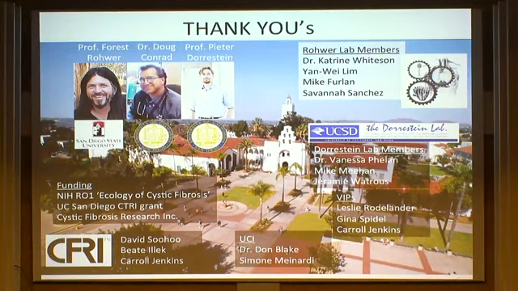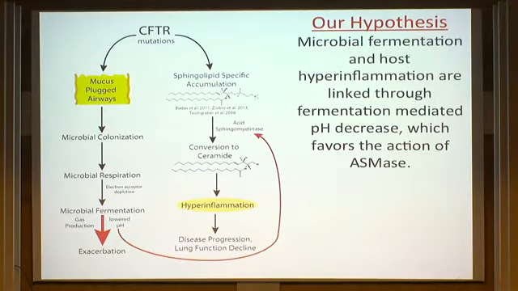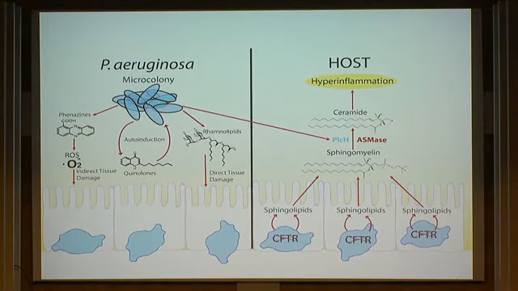I'm not sure about that, but what we do know, just a couple slides back, is that Pseudomonas actually produces a specific enzyme called PLCH that also converts sphingomyelin to ceramide. Why it might do that, I'm not sure. But we think that perhaps sphingomyelin may even be a recognized signature for Pseudomonas when it's in the lung, because it does produce this enzyme.